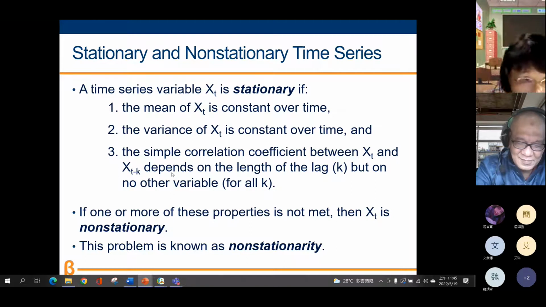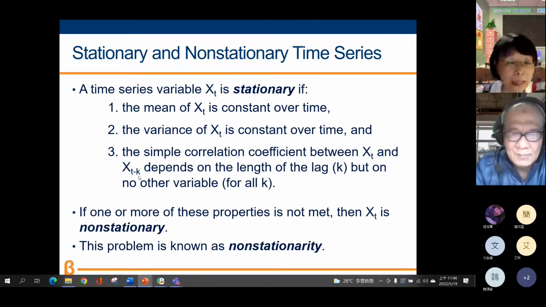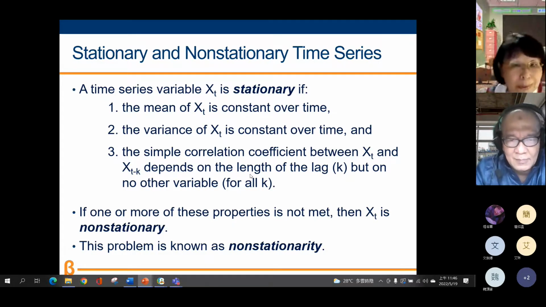Understand what the meaning of these three properties is? The third property: the simple correlation coefficient between x_t and x_{t-k} depends on the length of the lag k. For example, x_t is the current period.